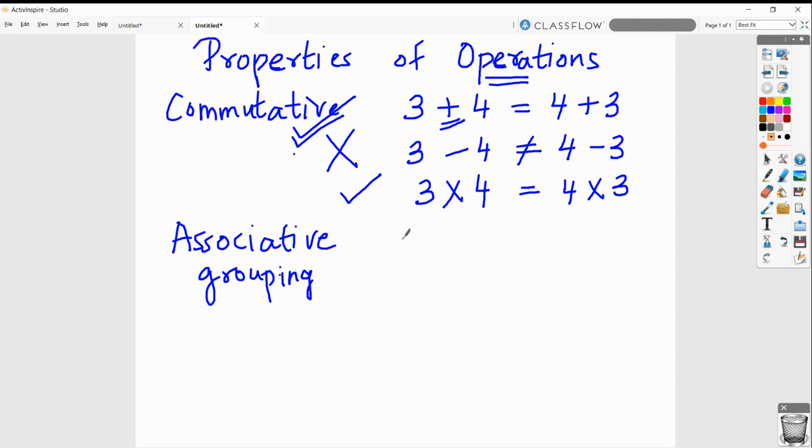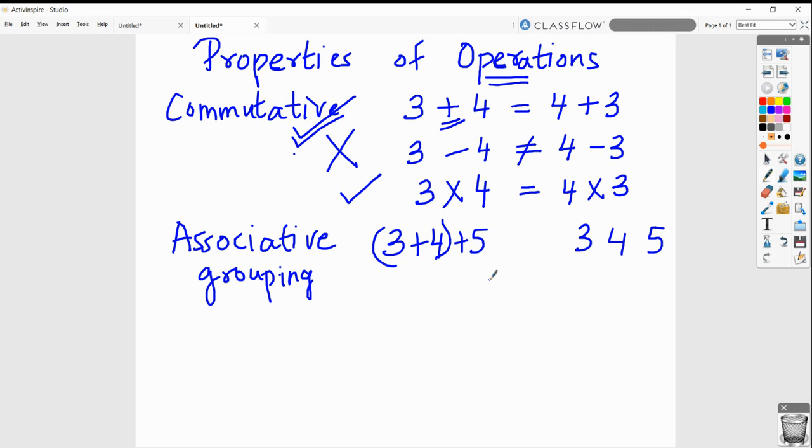That's the question. For grouping, two numbers are not sufficient. So, we will take three numbers, 3, 4 and 5. Now, what is the operation that I'm going to talk about? Let me take addition. First I am adding these two, and later, with the answer of that, I am adding the 5.